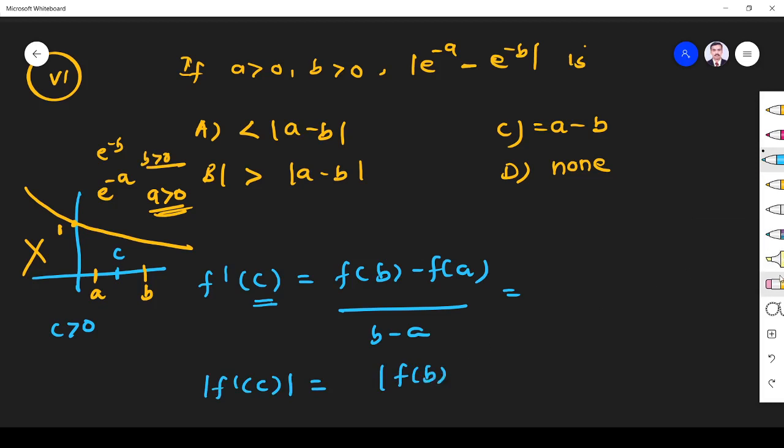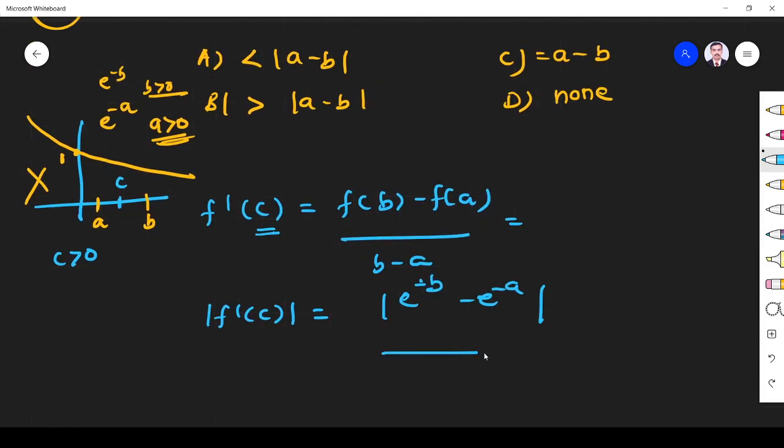Instead of f of b, we substitute e power minus b minus e power minus a divided by b minus a. Okay, I take the modulus later, right? So this is my condition. Fine. Okay.